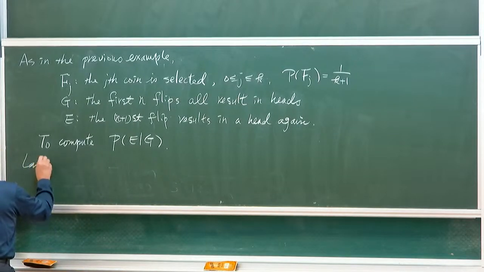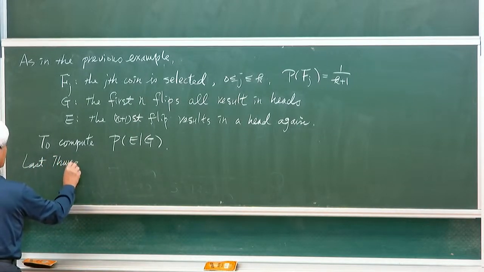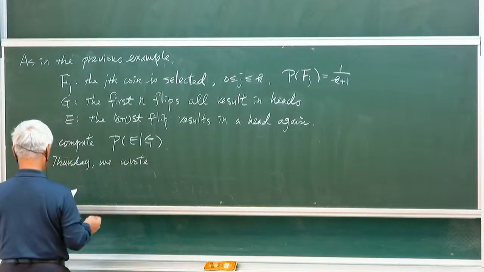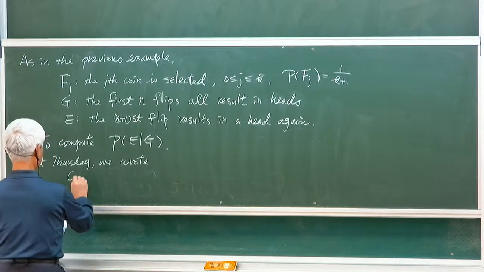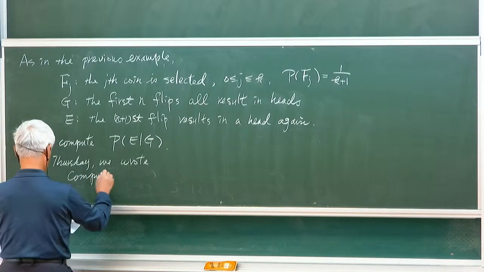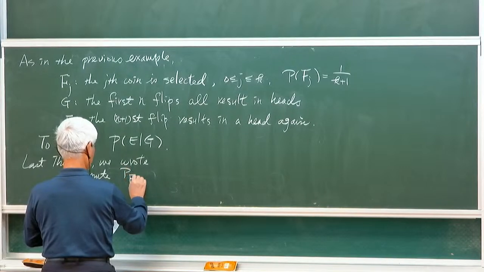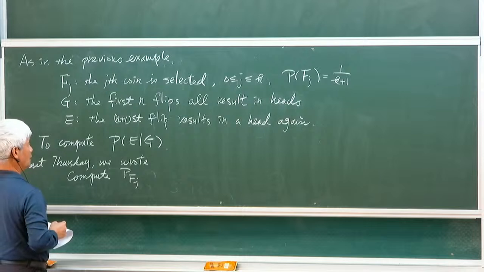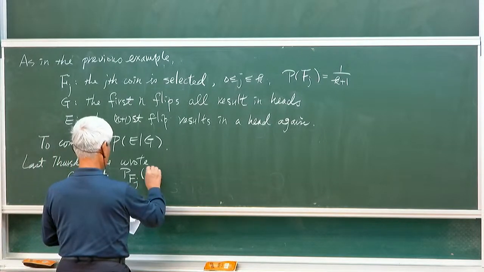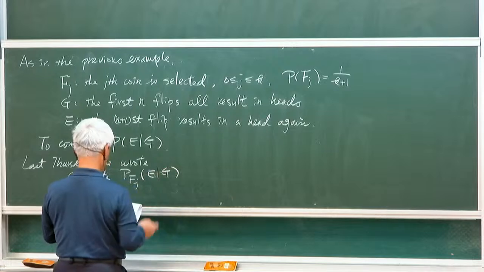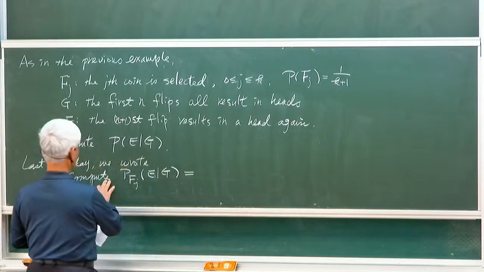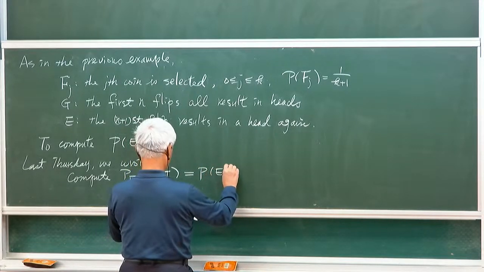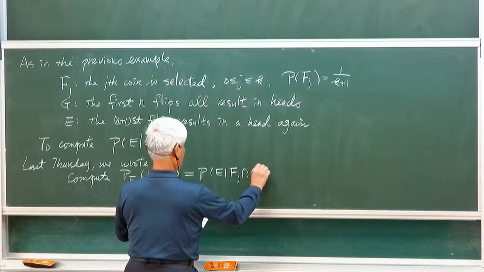So last Thursday, results. Okay, we compute that given the jth coin is selected, we want to know that, okay, and then at that time, I wrote here that this probability becomes to be, okay.